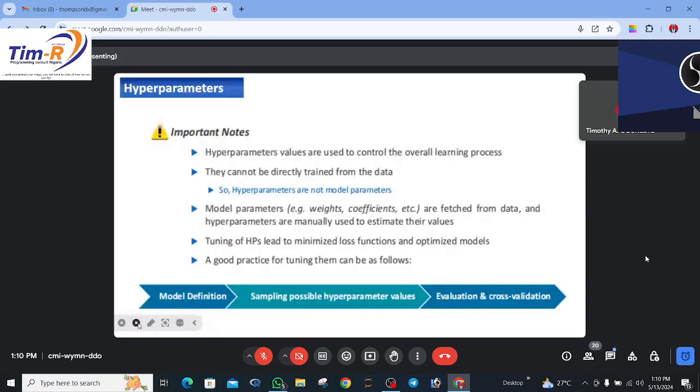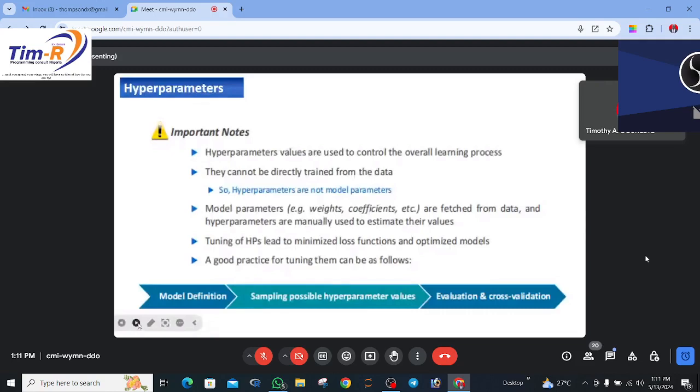And model parameters like weights and coefficients are fetched from data. They are fetched from the data itself. Hyperparameters are manually used to estimate their values. Tuning of hyperparameters leads to minimized loss functions and an optimized model.